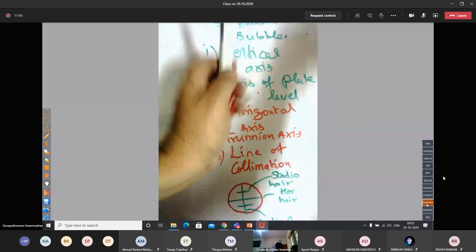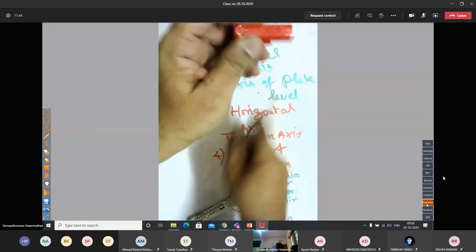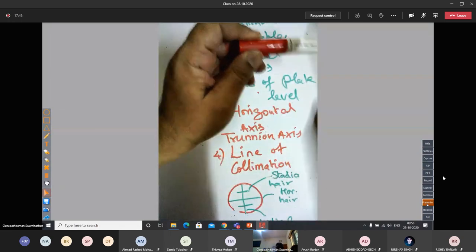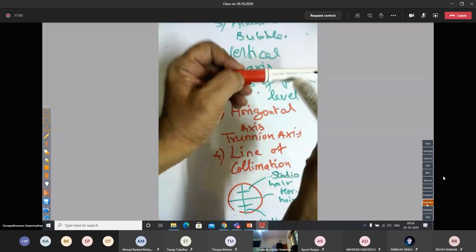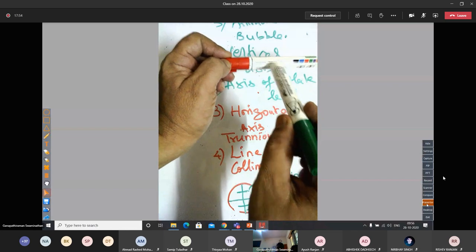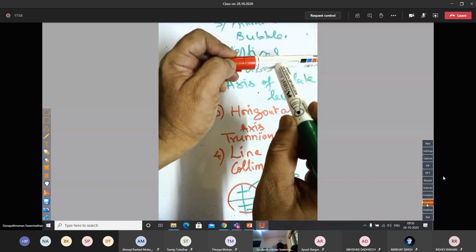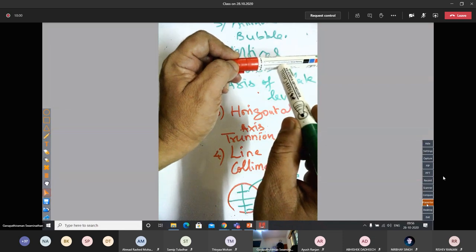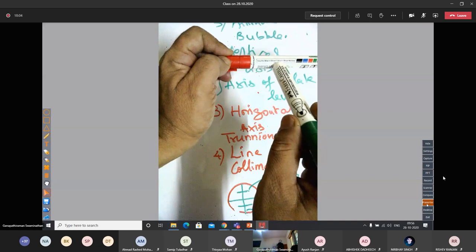Then you have a vertical axis, and the telescope is fitted over here. Are you able to visualize it? The green pen is the line of collimation, or the telescope. So the line of collimation is the green pen. Are you able to see that?